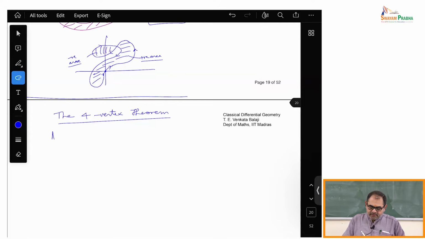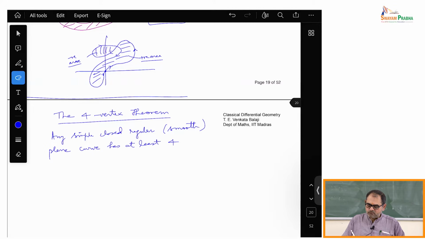So what is the four-vertex theorem? You take any simple closed regular and of course smooth plane curve, then it must have at least 4 vertices. And what are the vertices?